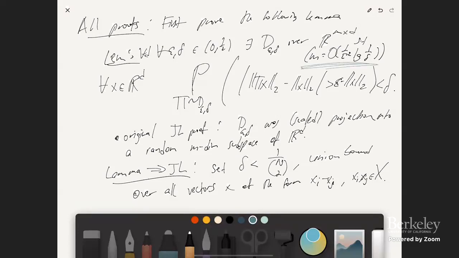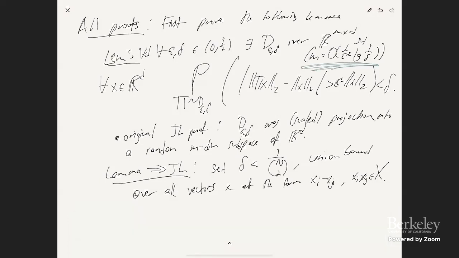Because you're setting delta to be less than 1 over n choose 2, log 1 over delta is log n, so you get the JL lemma.